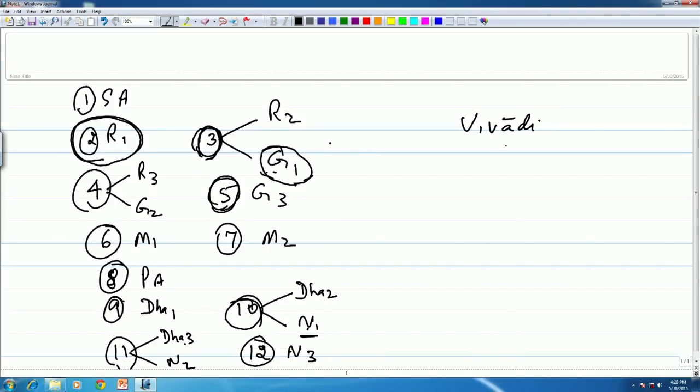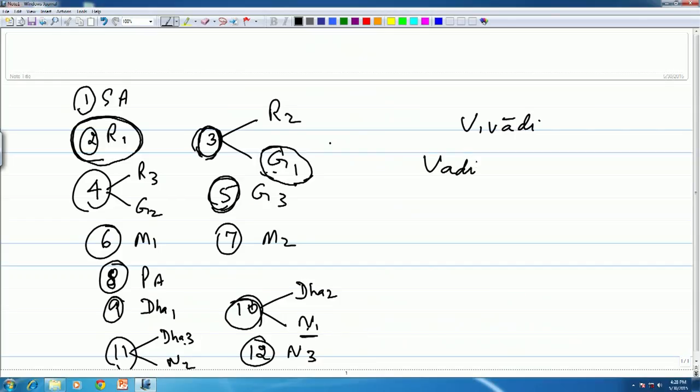Vivadi actually belongs to an ancient cluster of concepts, a quartet actually. They are Vadi, Samvadi, Anuvadi and Vivadi.